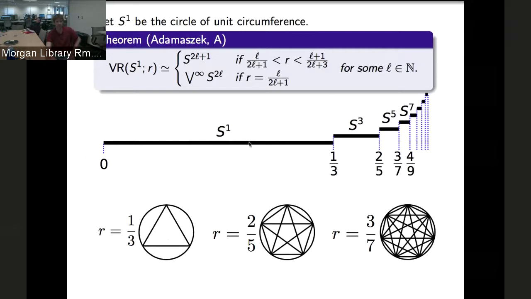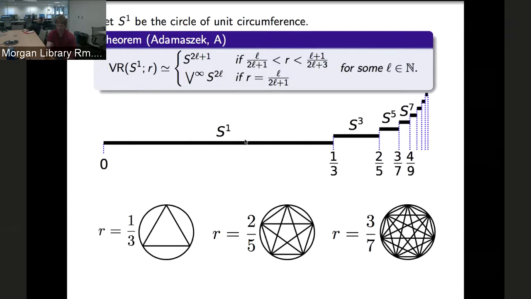So you can maybe sort of trust me that scale parameter 1/3 is at least when the circle homotopy type should end. Who knows what should come next, but probably at 1/3, we have this triangle that fills in the circle, so the circle homotopy type should end. These other transition points come from 5, 7, 9 equally spaced points around the circle, etc.